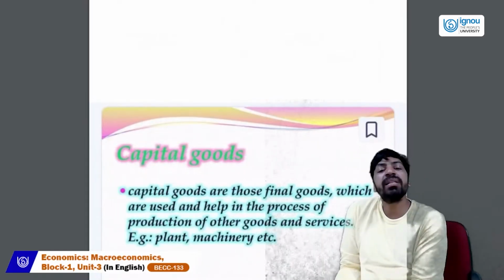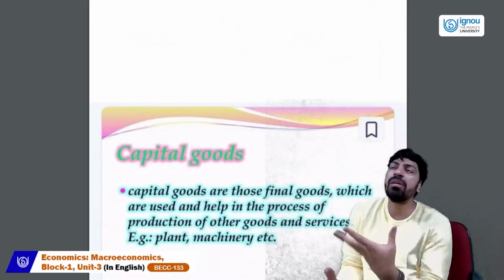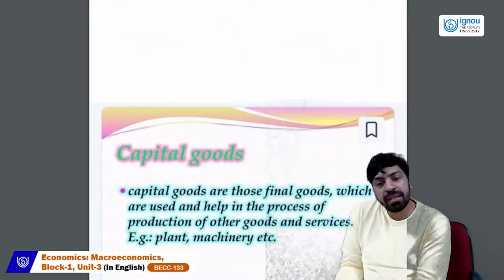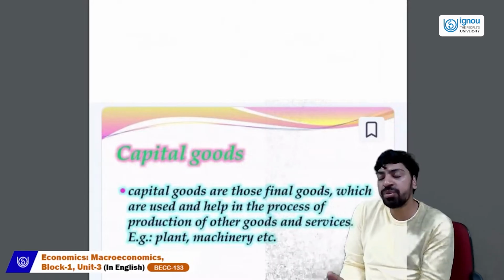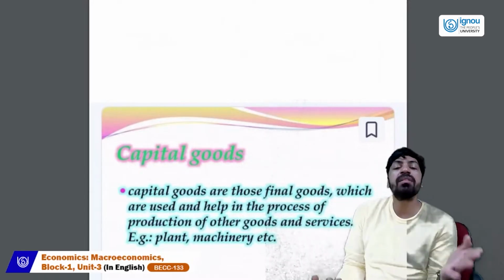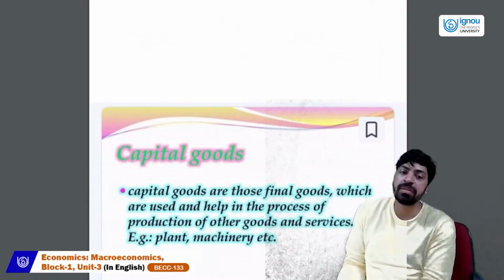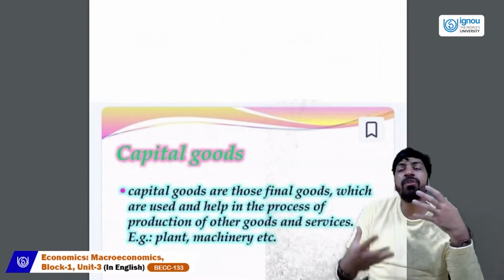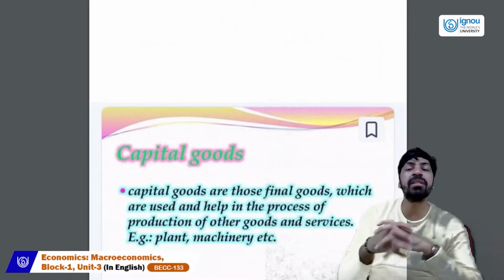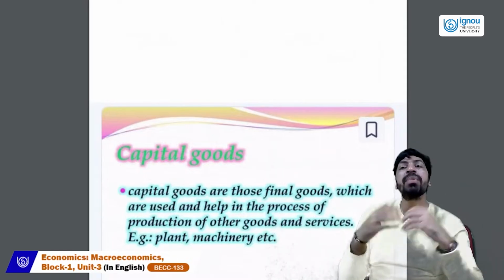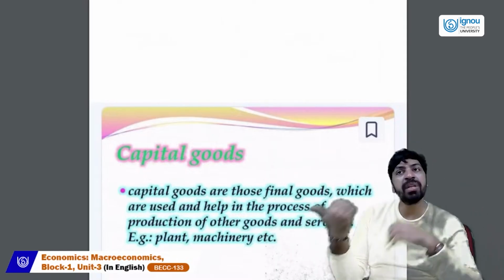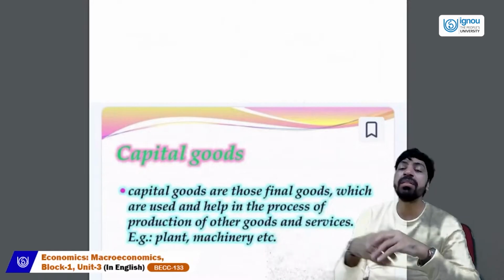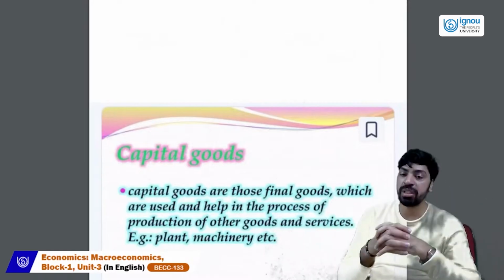The next one is capital goods. Capital goods are those final goods which are always used in the process of production of other goods. Organizations produce goods and reach the market and ultimate consumers through plant and machinery.